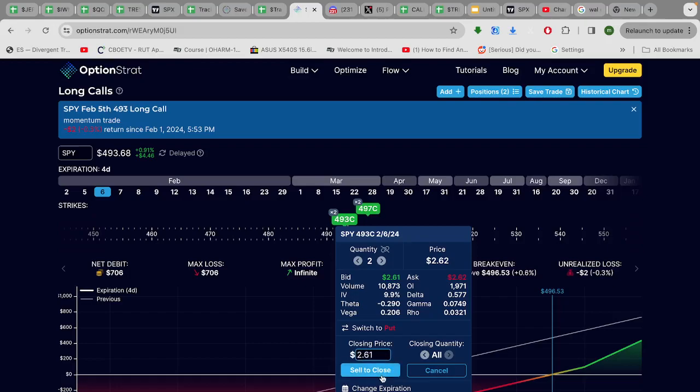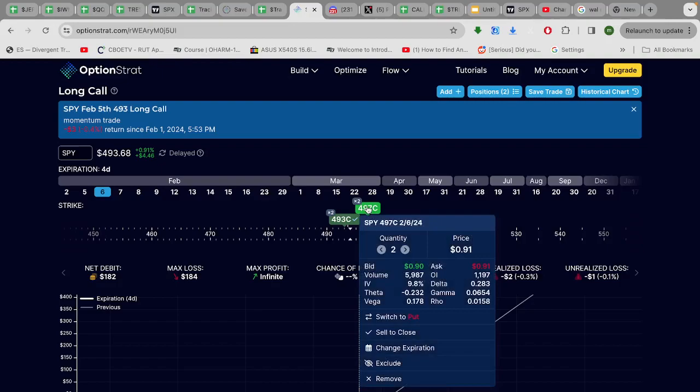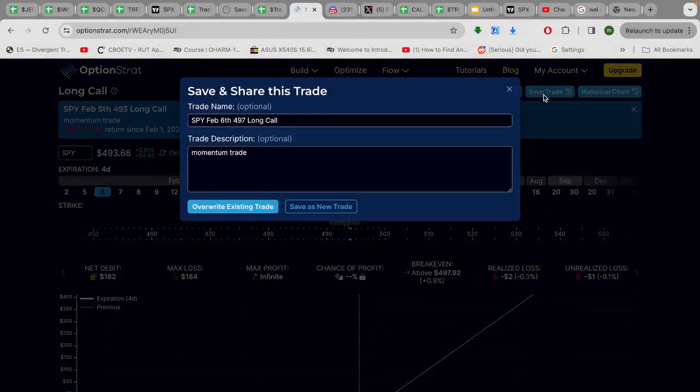All right. Sell to close. Okay, those are gone. But then we're going to take the money we just made, part of the money, and put some of it in our pocket. But we're going to buy 2 of these calls at 91 cents. Switch to put. All right, so then I'm just going to hit save trade.